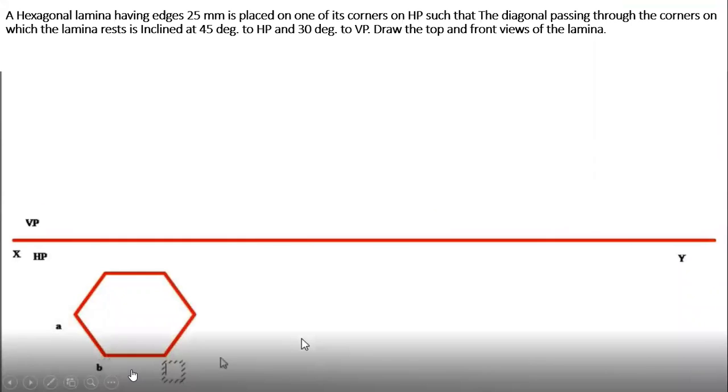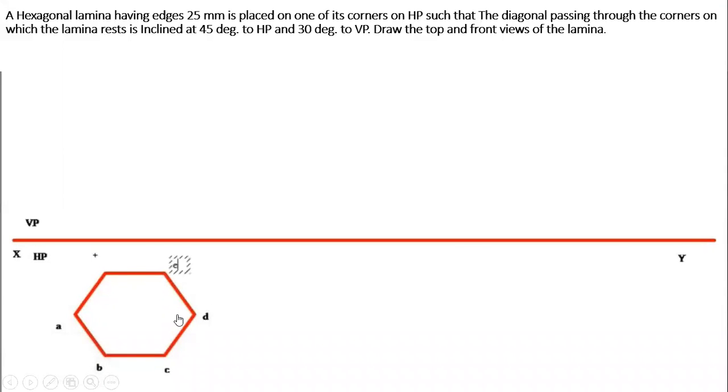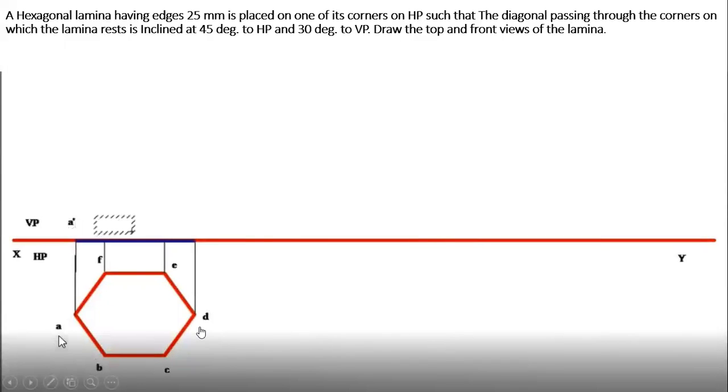So I have constructed a hexagonal lamina of edge equal to 25 mm and it is resting on one of its corners. The corner point is A, and name it as A, B, C, D, E and F. Drawing a line in order to get the front view, I am able to see A, B, C and D. E and F will be hidden.